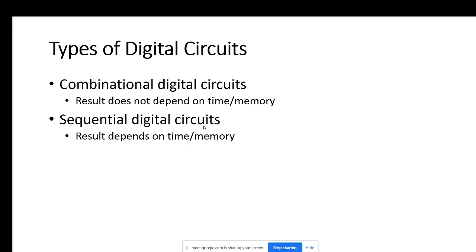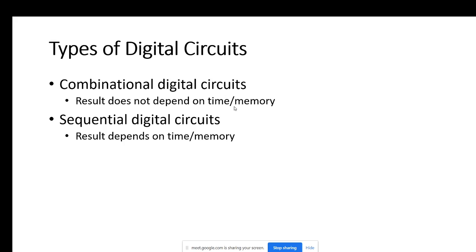We can categorize digital circuits into two types: combinational digital circuits and sequential digital circuits. A combinational digital circuit means the output does not depend on time or memory.